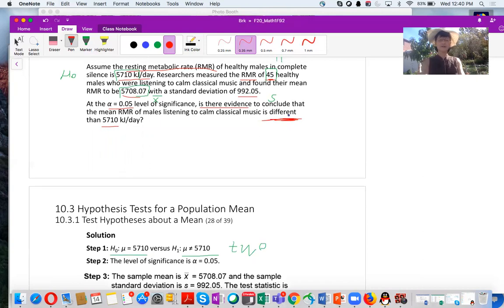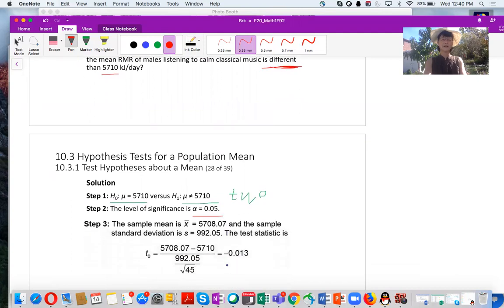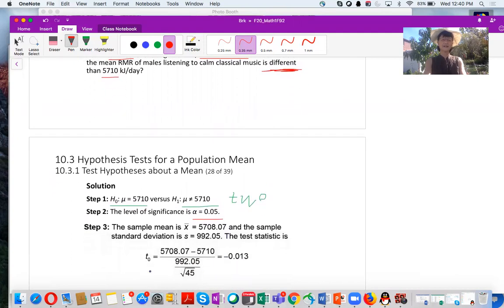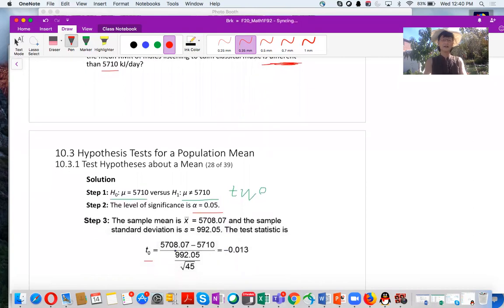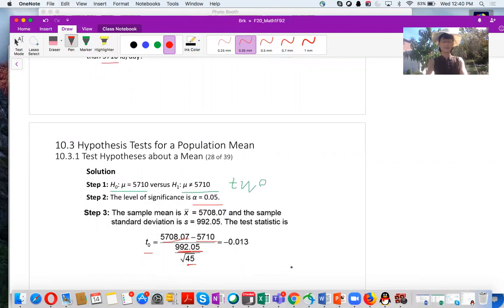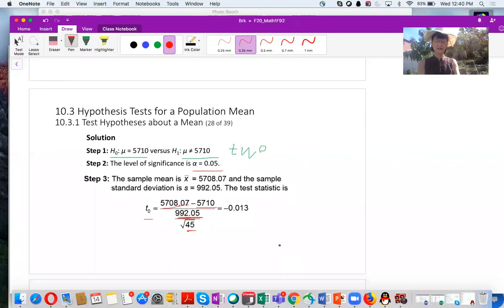So step 2, specify alpha: 0.05. And step 3, calculate the test statistic T. Remember the formula: x bar minus mu0, over the sample standard deviation s over the square root of the sample size. And you get negative 0.013.